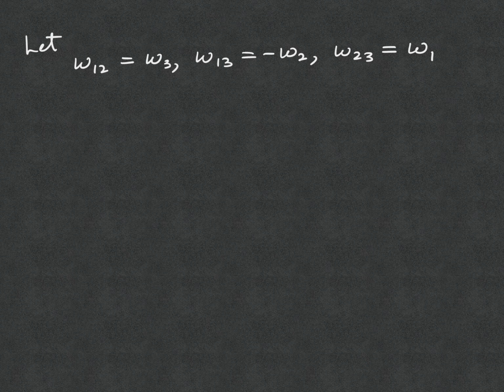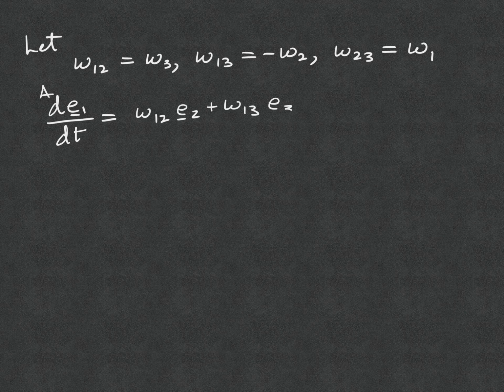Now, if I do that, what I wind up getting is dE1/dt in A, which is equal to omega 12 E2 plus omega 13 E3, which is equal to omega 3 E2 minus omega 2 E3.